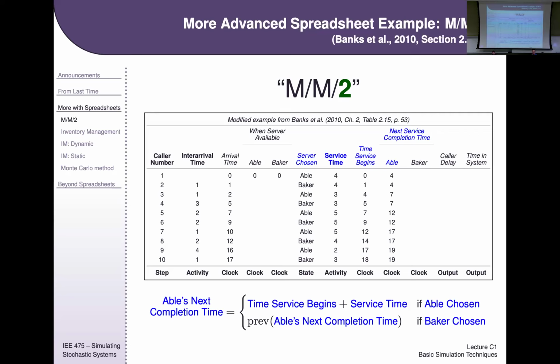But if we're talking about Abel's completion time and Baker was chosen for this one, then we have no information about when Baker's going to be done, because that doesn't relate to this customer.